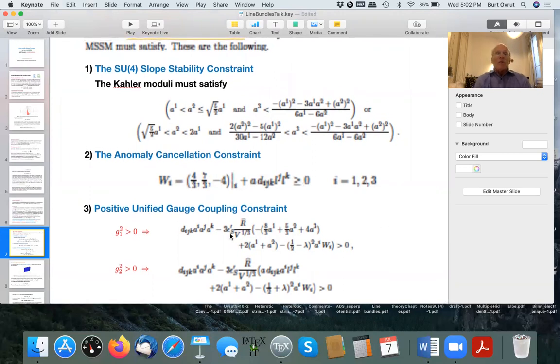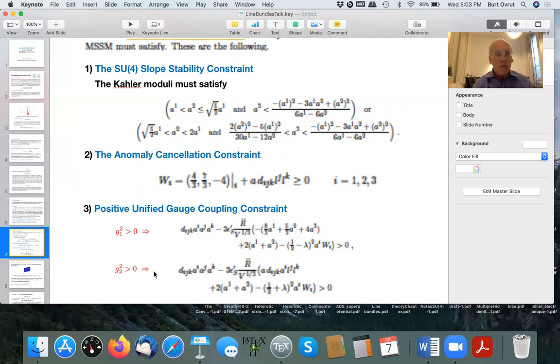Then we have an observable sector, and we have an SO10 coupling constant, and that would be G1, and we want G1 squared to be positive, and that's this condition. And then on the hidden wall, it'll turn out, as you will see, to be an E7 that will be the low energy non-abelian group that's involved.